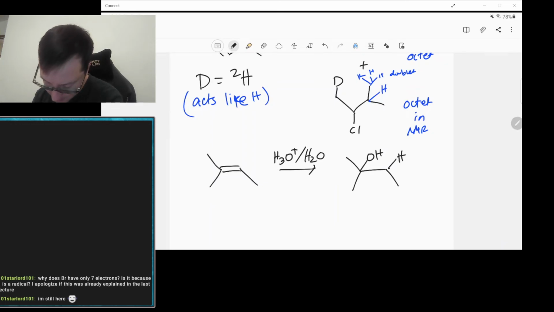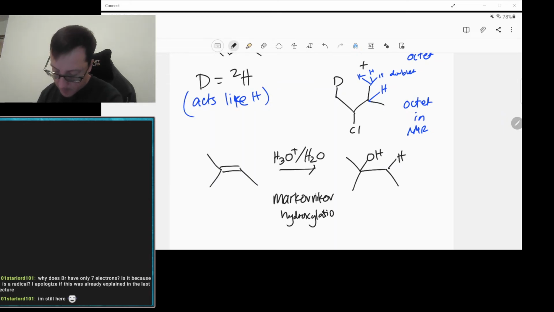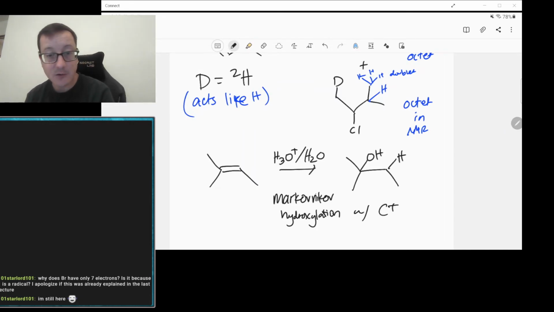And this is a Markovnikov process. It's a Markovnikov hydroxylation with a carbocation mechanism. We're going to see there's another way to do a Markovnikov hydroxylation that's going to end up without a carbocation.